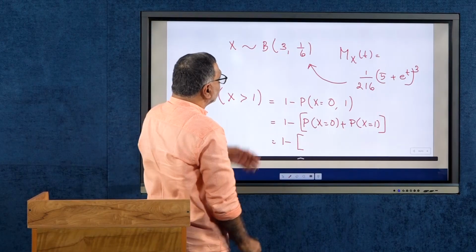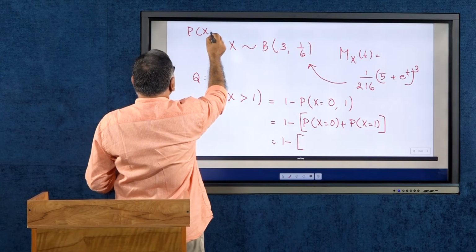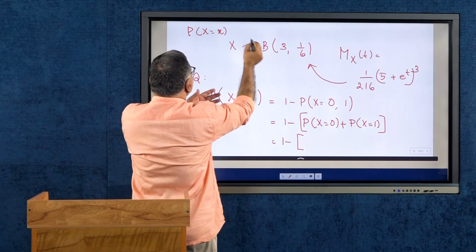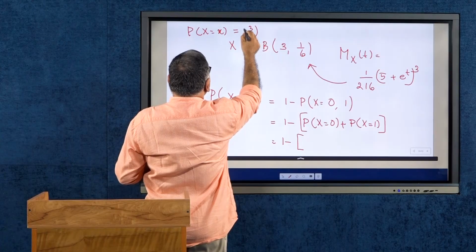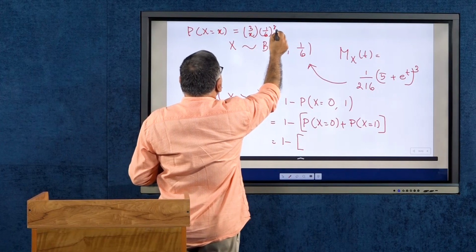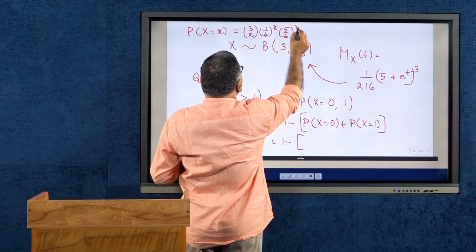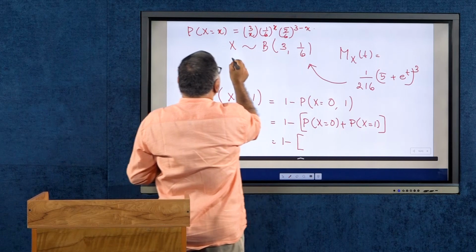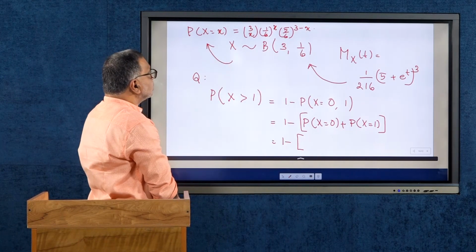What is the probability of X is equal to 0? If this is the binomial random variable, the probability mass function is P(X = x) = 3Cx (1/6)^x (5/6)^(3-x).